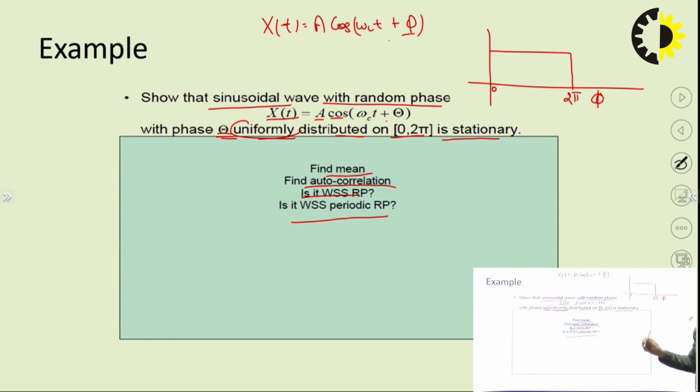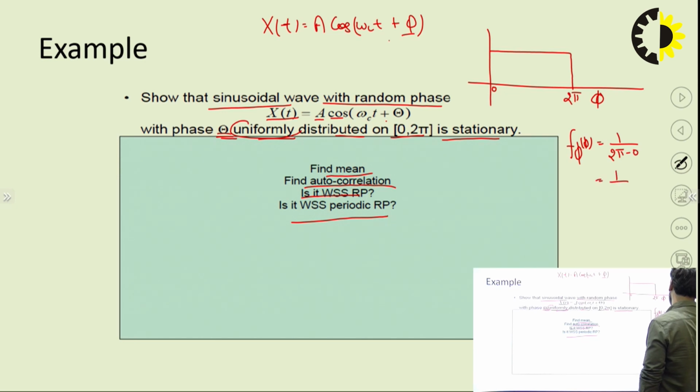Now we have done uniform distribution in the previous session, so we can find out the PDF of this, that is f(phi) equal to 1 upon 2 pi minus 0, that is equal to 1 by 2 pi.